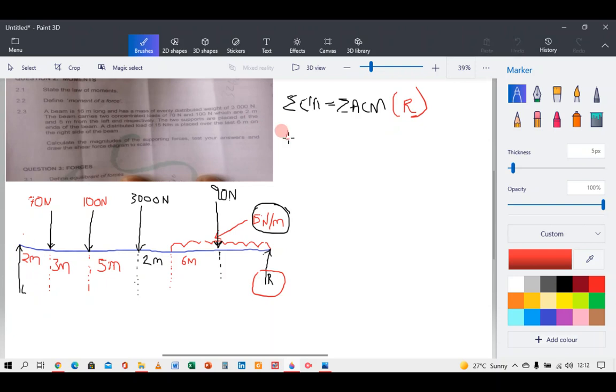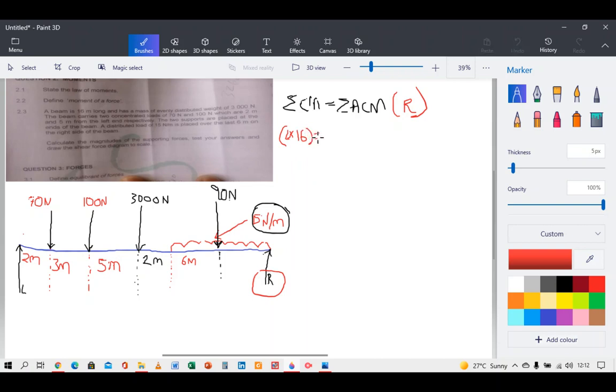So it is L multiplied by, excuse me, my marker is not working very well, the total distance of this beam, which is 16, right?